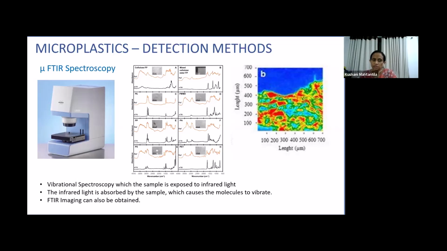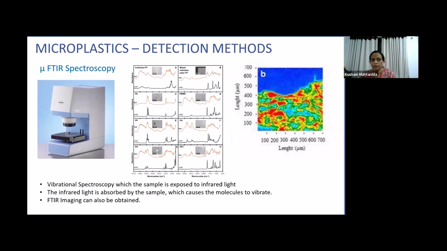With the absorption of the particular energy, we identify the type of the polymer. And using the infrared, we can also make the FTIR image mapping and identify the type and the number of particles.